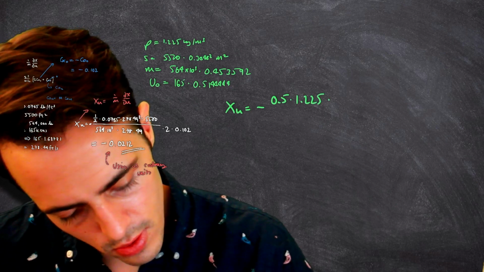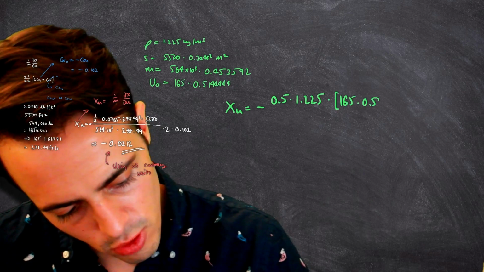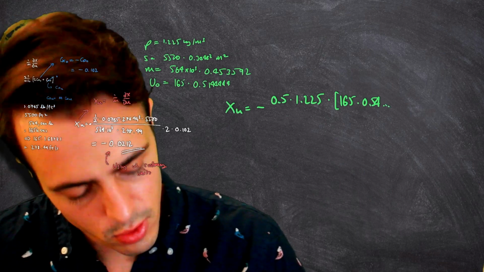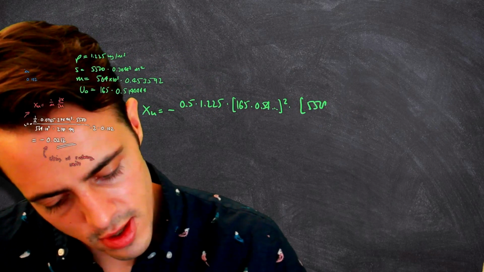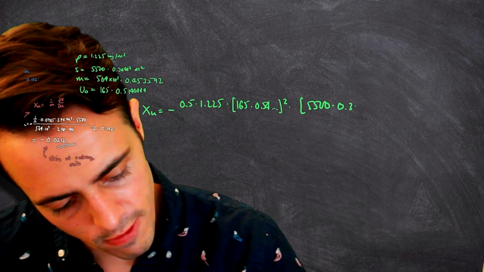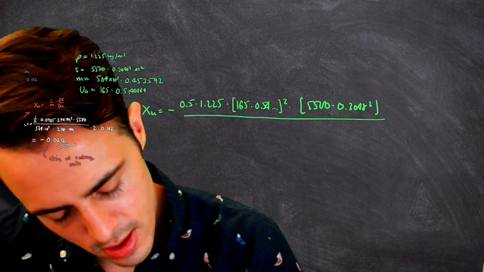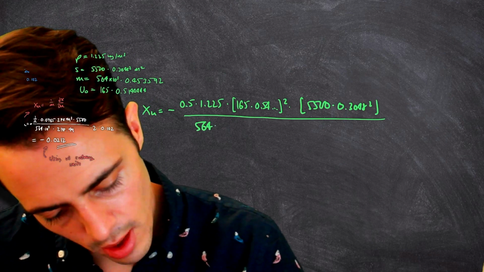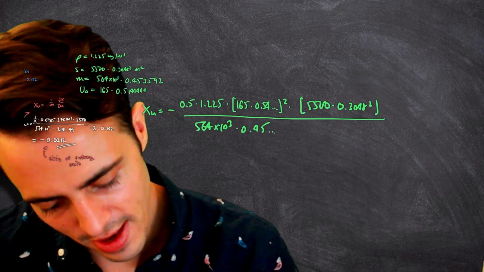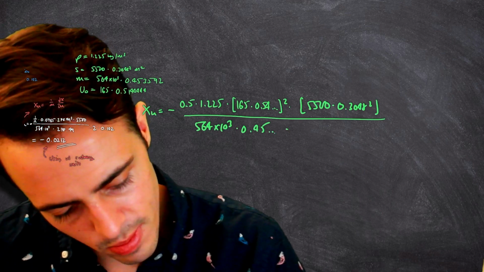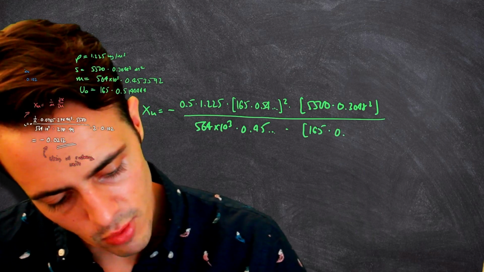So if we do all of these together, we'll get Xu is equal to minus 0.5 times 1.225 multiplied by 165 times 0.51444 squared, multiplied by 5500 multiplied by 0.3048 squared, all over 564 times 10 to the 3 multiplied by 0.45 and the rest of that number, multiplied by the flight speed, which is 165 multiplied by 0.51444.